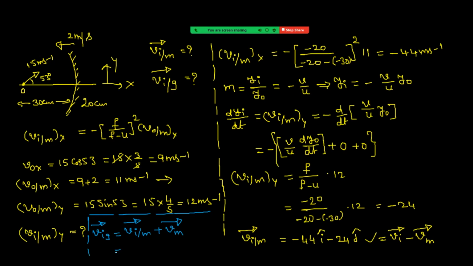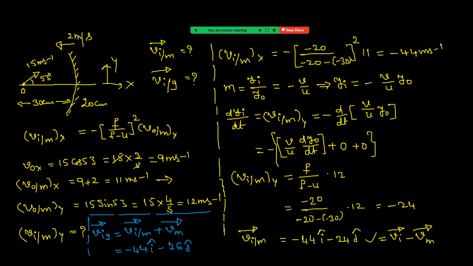Now velocity of image with respect to mirror is minus 44 i cap minus 24 j cap. This is now minus 2 i cap along negative x-axis. So minus 2 i cap. So it becomes minus 44 i cap, no change in that x component. Coming to y component, it becomes now 26 j cap.